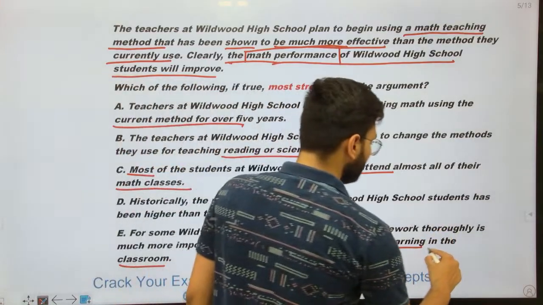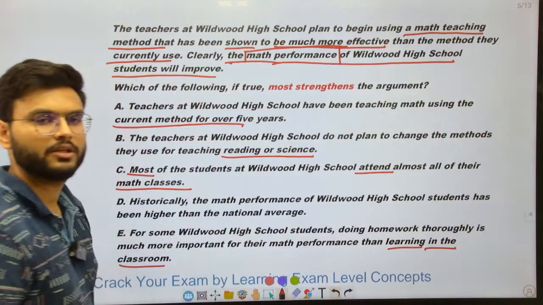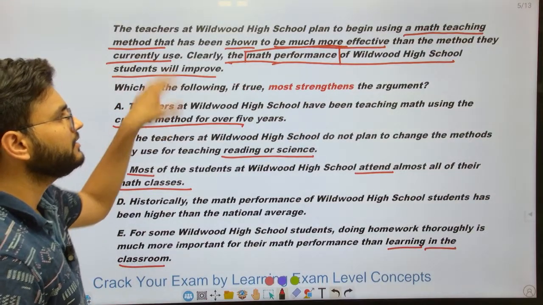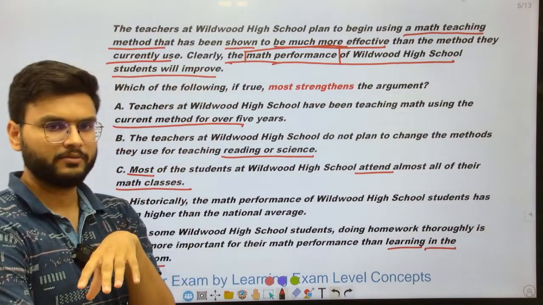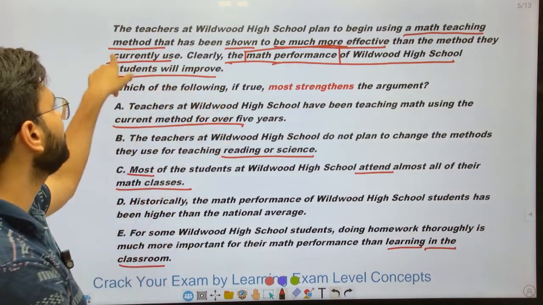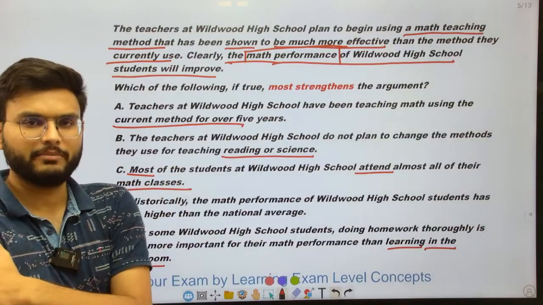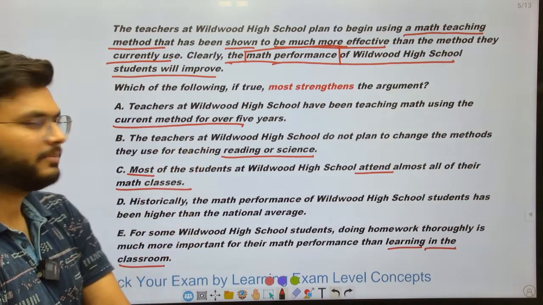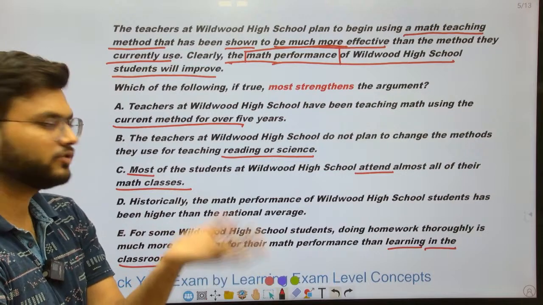Now this choice is doing the opposite. You need to say that the new math teaching method will be much more effective in improving the performance. But this choice is doing the opposite.